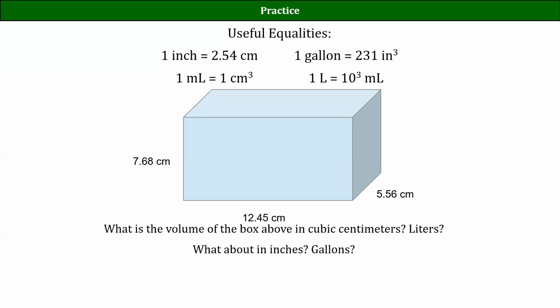I keep trying to do that today. 2.54 centimeters is 1 inch. Cube the whole thing. What do we get? Something like 30, if I'm remembering right. Been 4 months since I did this practice problem, so 32.5. Thank you.